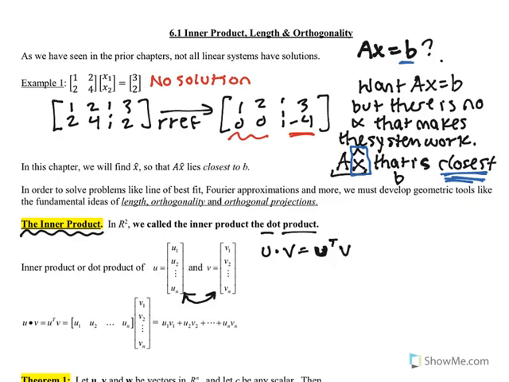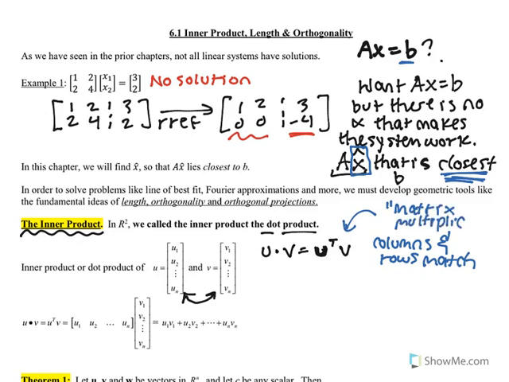That ensures that the columns and rows match for my multiplication, because this is still matrix multiplication. So the columns and rows have to match.